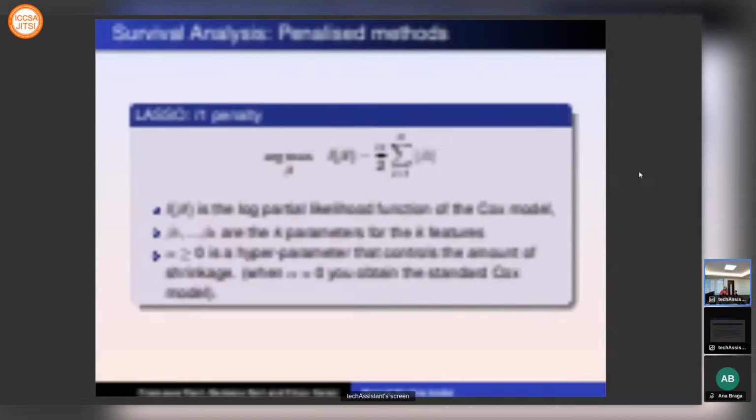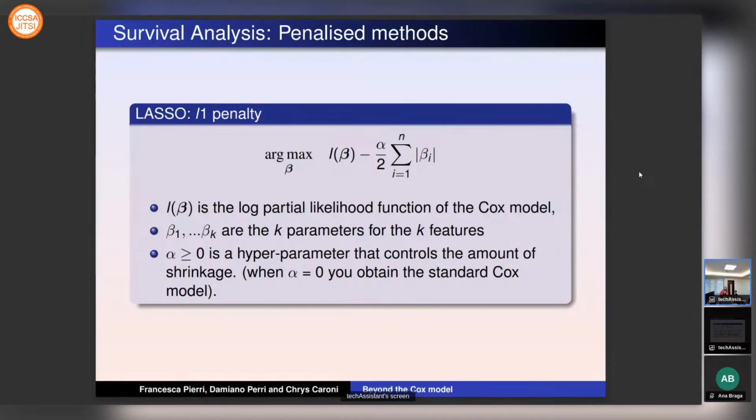The lasso method, also called the L1 penalty, is given by this formula. L(beta) is the log partial likelihood function of the Cox model. Beta are the key parameters for the key features, and alpha greater than or equal to 0 is a hyperparameter that controls the amount of shrinkage.